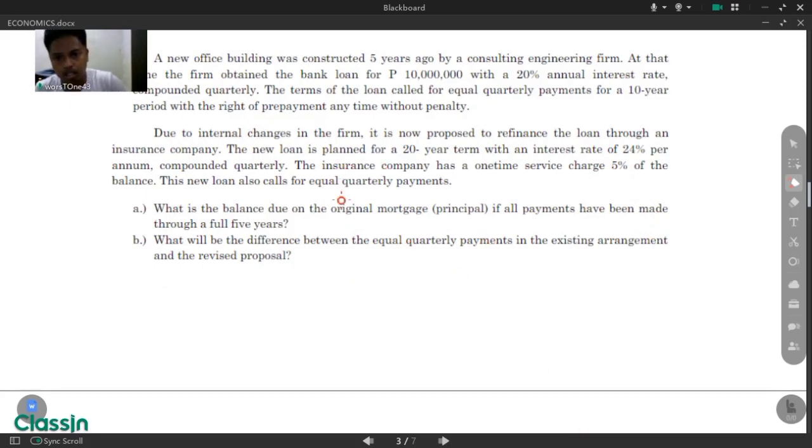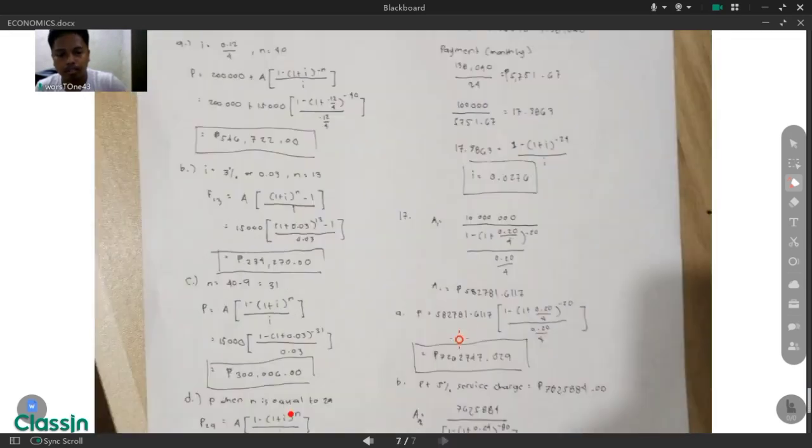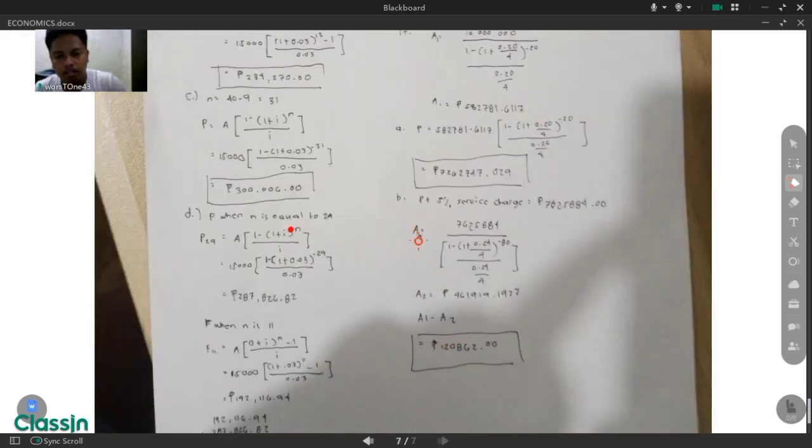So since there's already a service charge of 5%, 5% of the original payment plus the 5% of it yields 7,625,884 pesos.